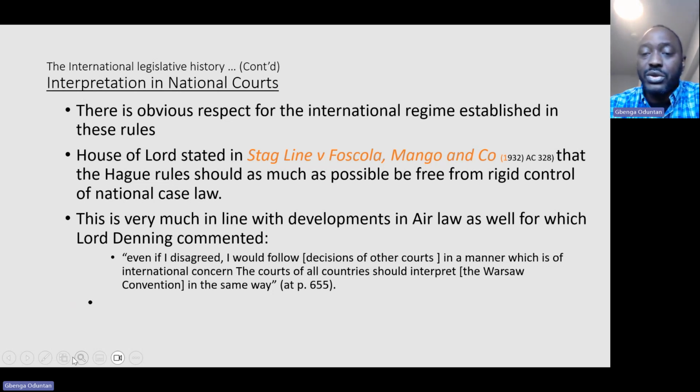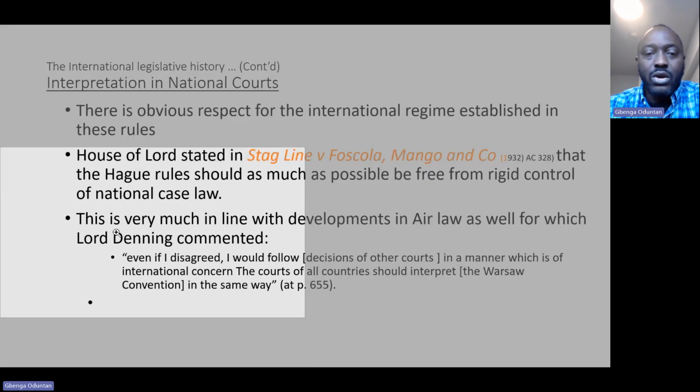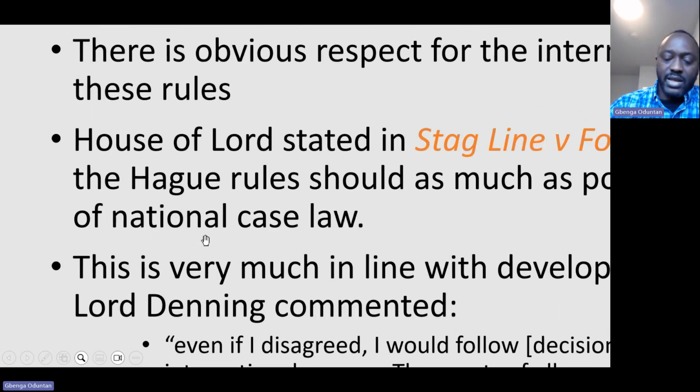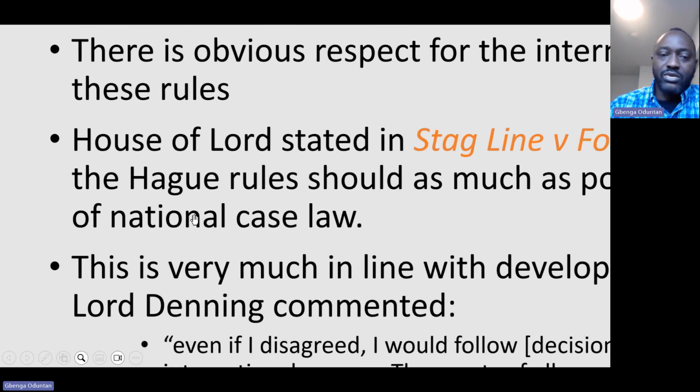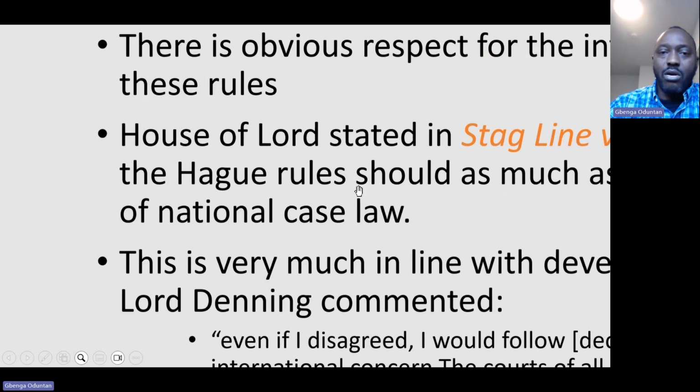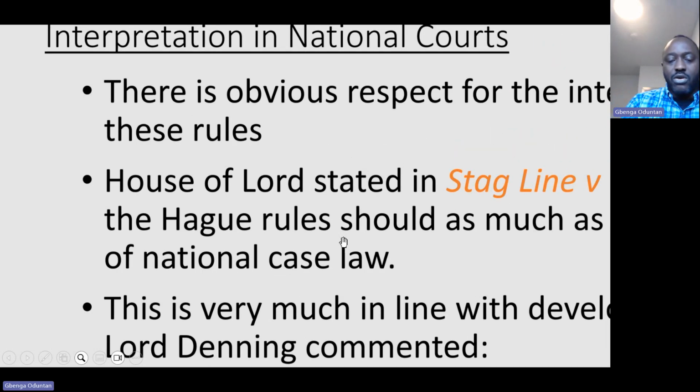The courts of all countries should interpret the Warsaw Convention in the same way. So we shouldn't be surprised that states do their best to interpret the law in a way that is less national, but actually more international.